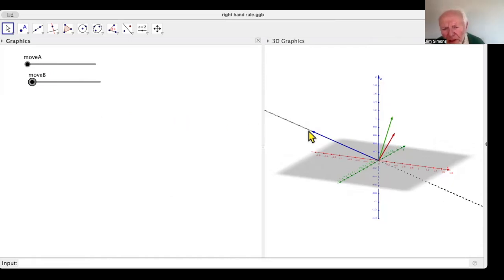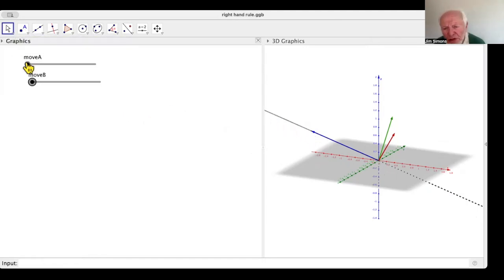As I do that, the cross product is going to move continuously. It's going to stay on this line, which is the line that's orthogonal to A and B. One side of this line is the right-hand rule, and the other is the left-hand rule. So it's going to stay either right-handed or left-handed unless it gets to zero. So long as I move A and B, or r and rho, continuously in such a way that they remain linearly independent, the cross product is going to stay on the same side of the line.